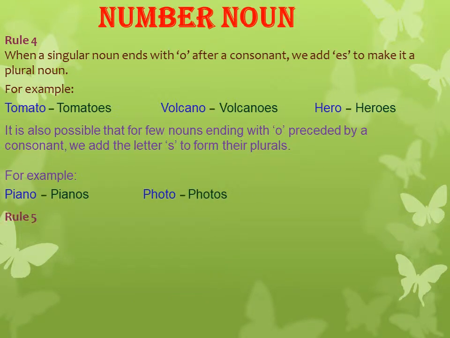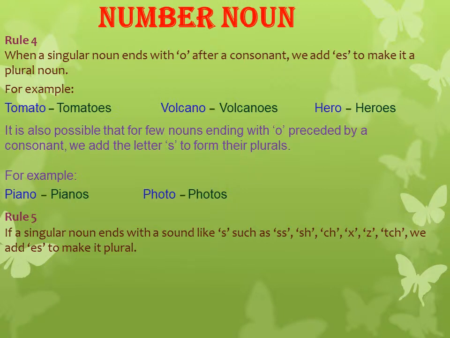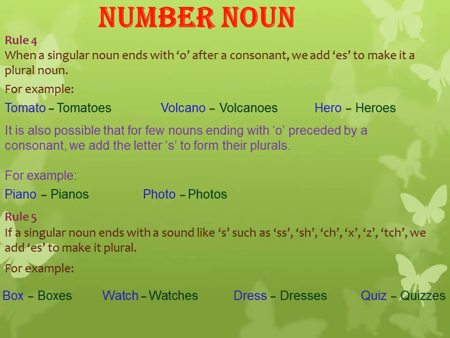Rule 5. If a singular noun ends with a sound like s, such as ss, sh, ch, x, z, tch, we add es to make it plural. For example, box, boxes, watch, watches, dress, dresses, quiz, quizzes.